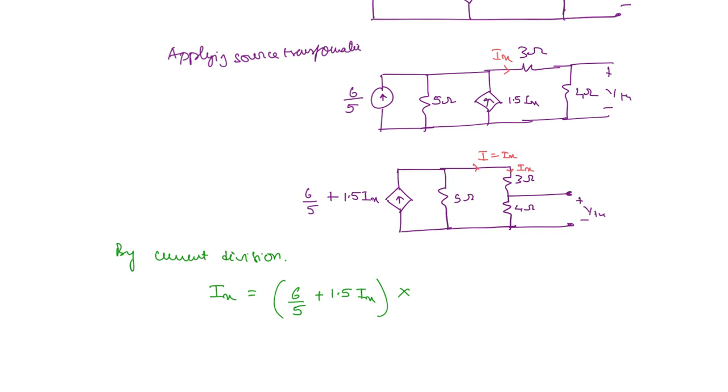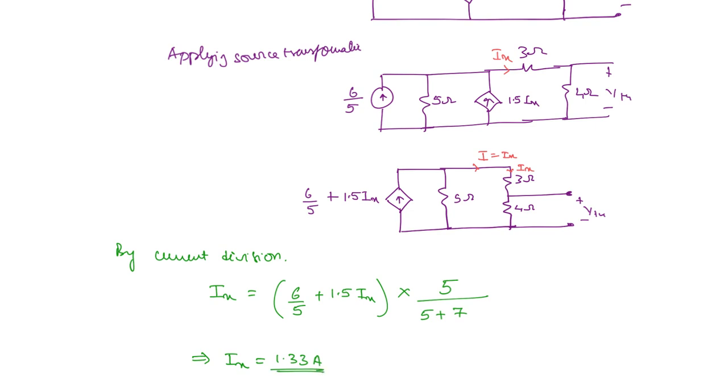Okay, so you're going to get 5 divided by 5 plus 7. Now you have an equation in Ix. Okay, single equation and single variable. So here if you find Ix, you're going to get 1.33 amperes.